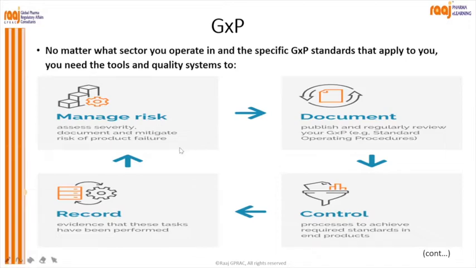So you have to learn how to manage the risk during your documents, during your control and the record. So that's why GxP is very important in all stages, right from your document start, like writing, till it becomes a record, and how you control, how you manage the risk throughout the life cycle of documents.